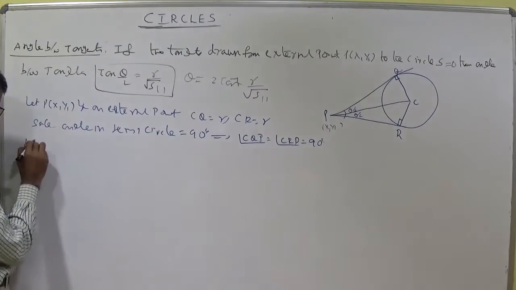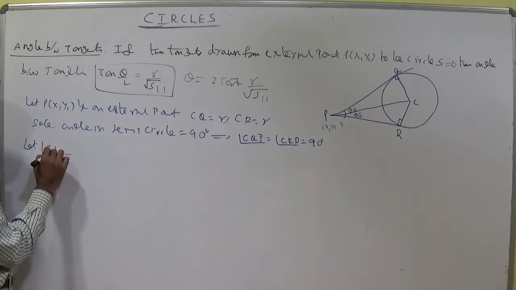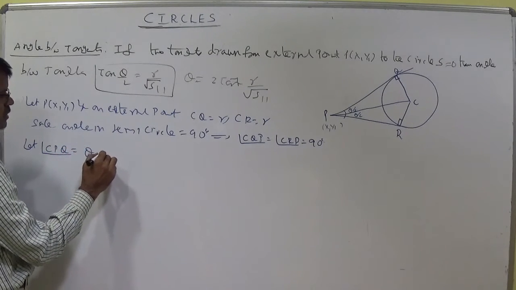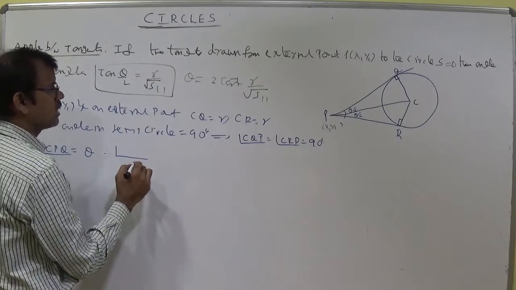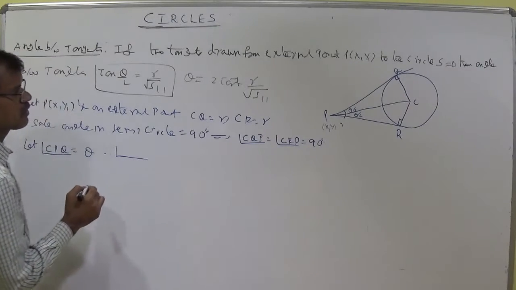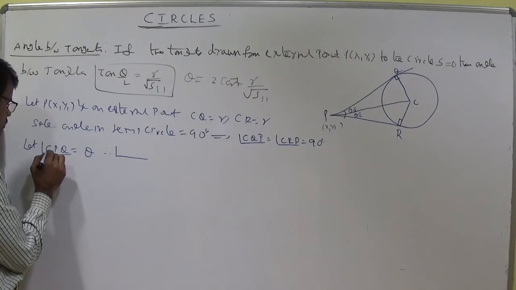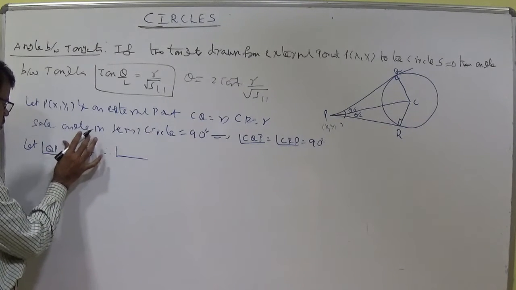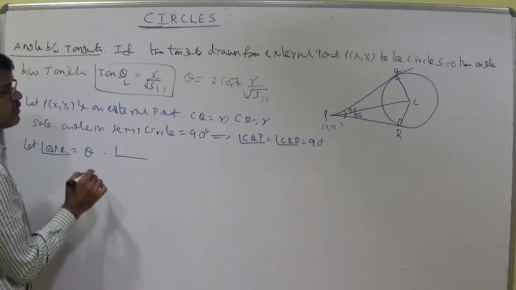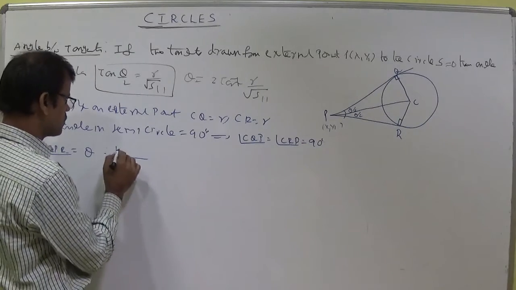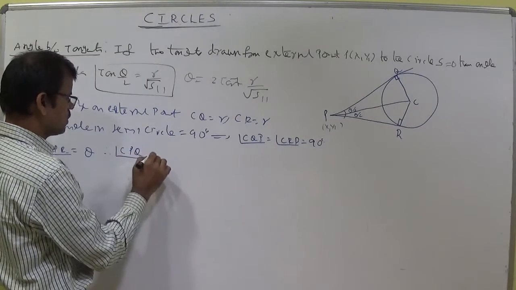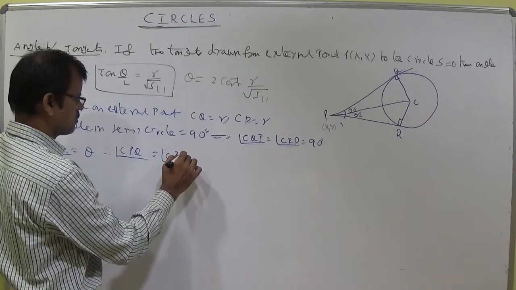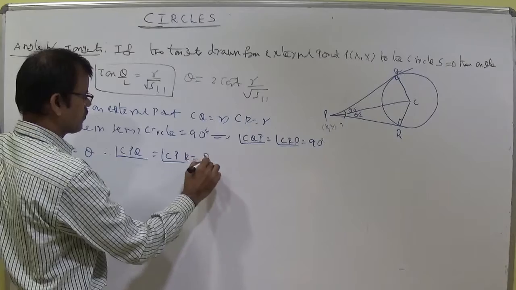Now I am writing here, let angle QPR = theta. So angle CPQ = angle CPR = theta/2.